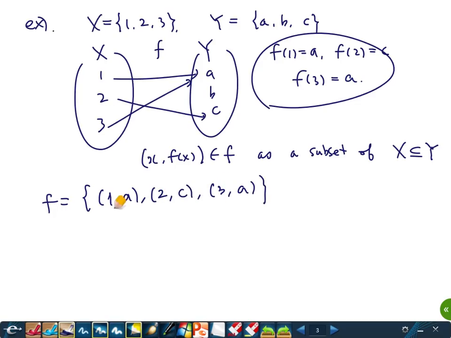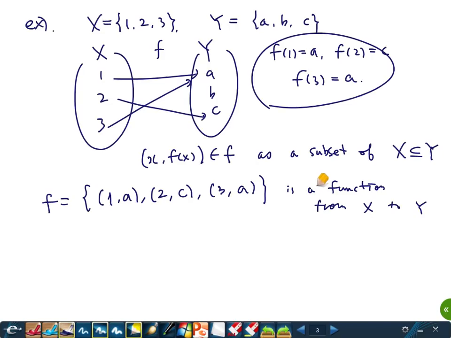And you can see for every element in x, 1 or 2 or 3, there is exactly one y such that x comma y is in f, right? We have exactly one pair 1 comma something, exactly one pair 2 comma something, exactly one pair 3 comma something. So it is a function from x to y. Not every subset of x times y is a function.